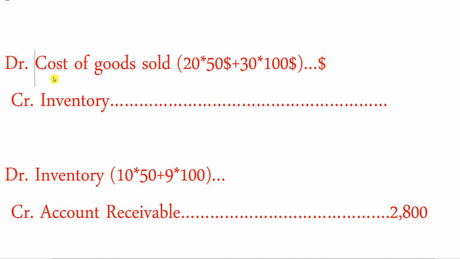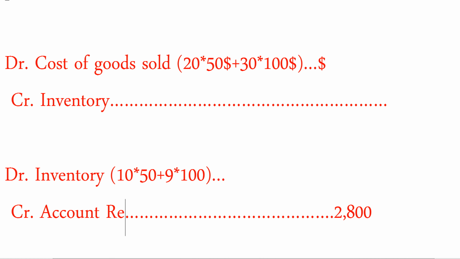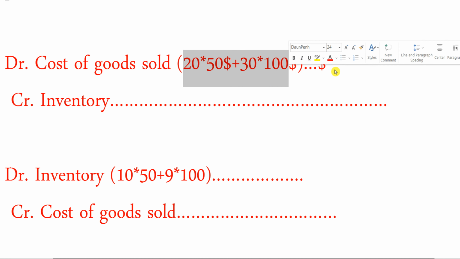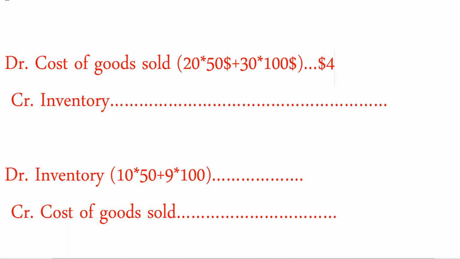And credit: before, we recognized cost of goods sold at debit, now that our customer returns the product, we record cost of goods sold at the credit side. The calculation is 4,000, the same amount, and 1,000, the same amount.